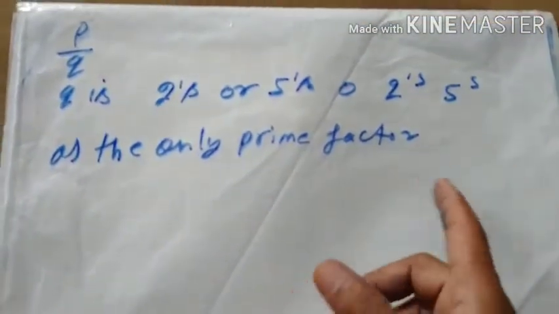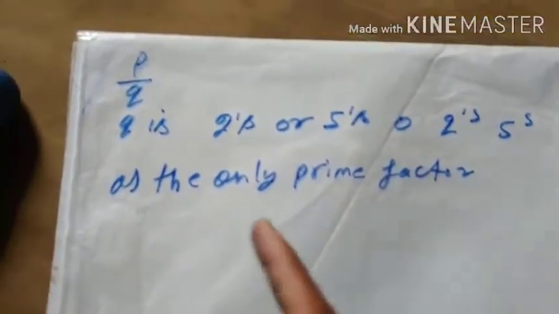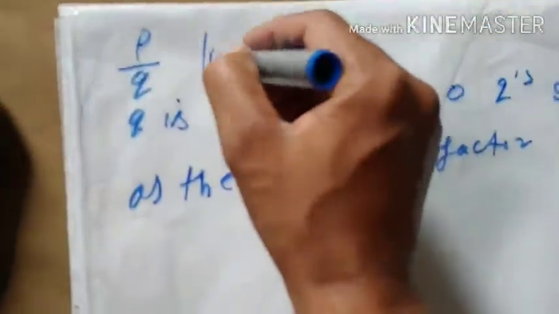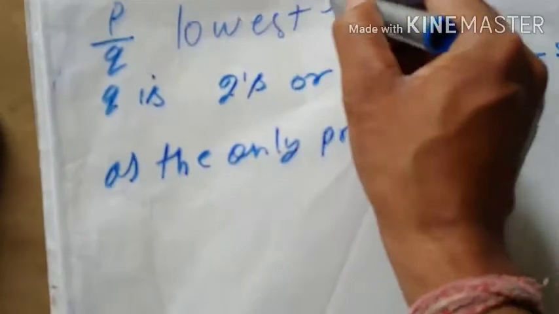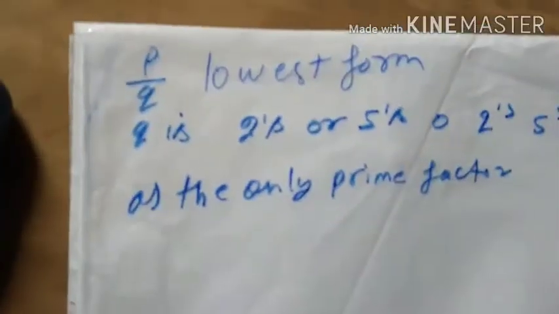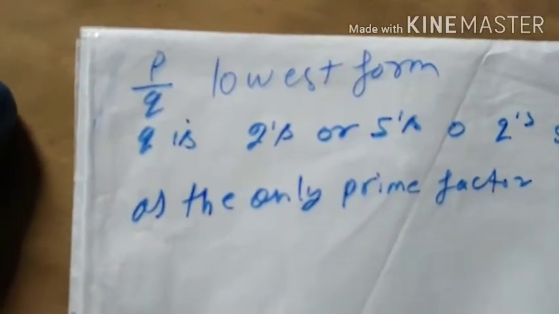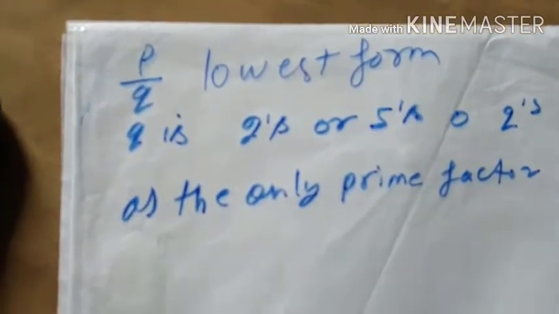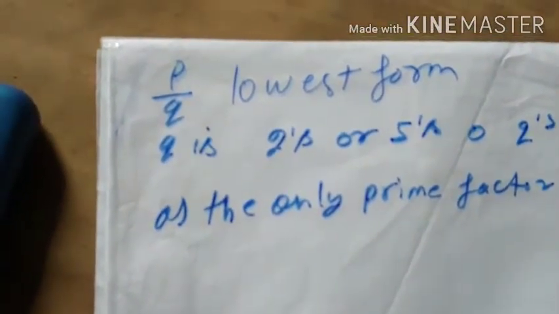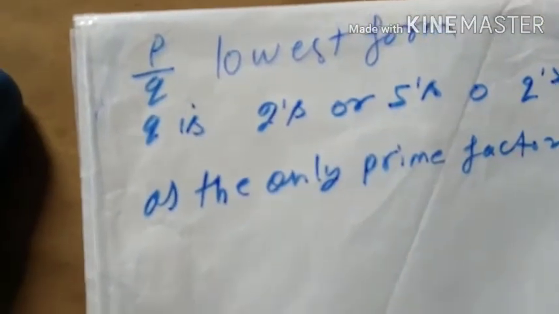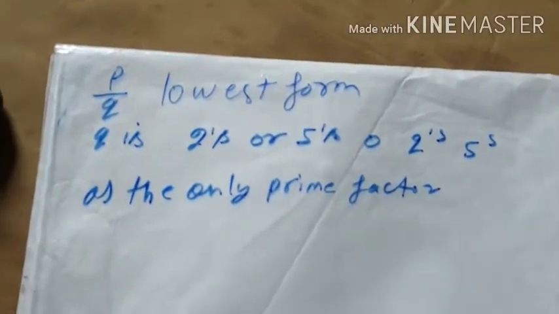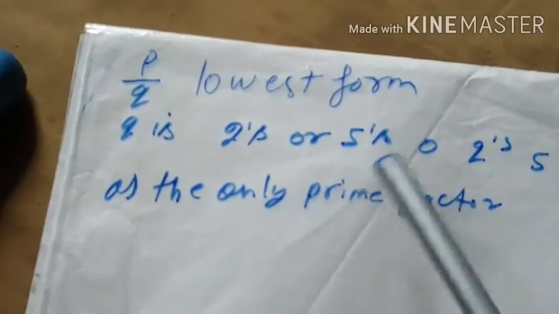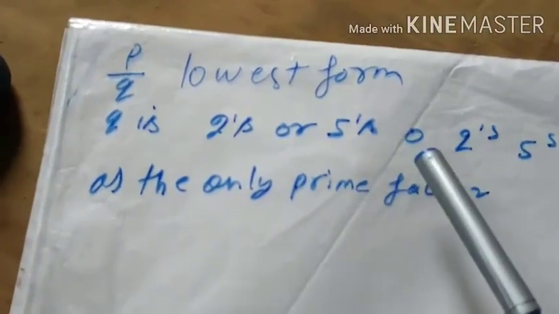And this will be checked when p by q is in lowest form. Remember it, it should be in its lowest form. If it is in lowest form, then it will be the terminating rational number.